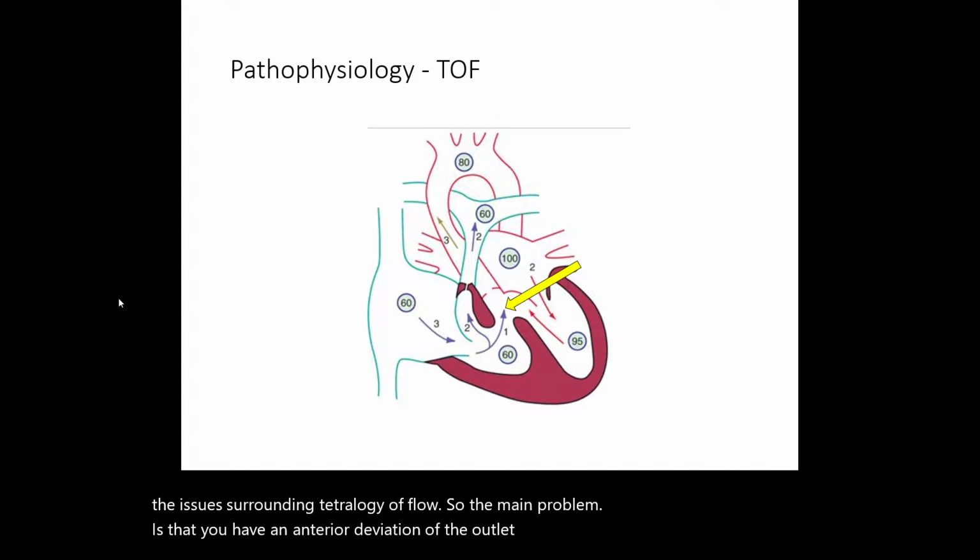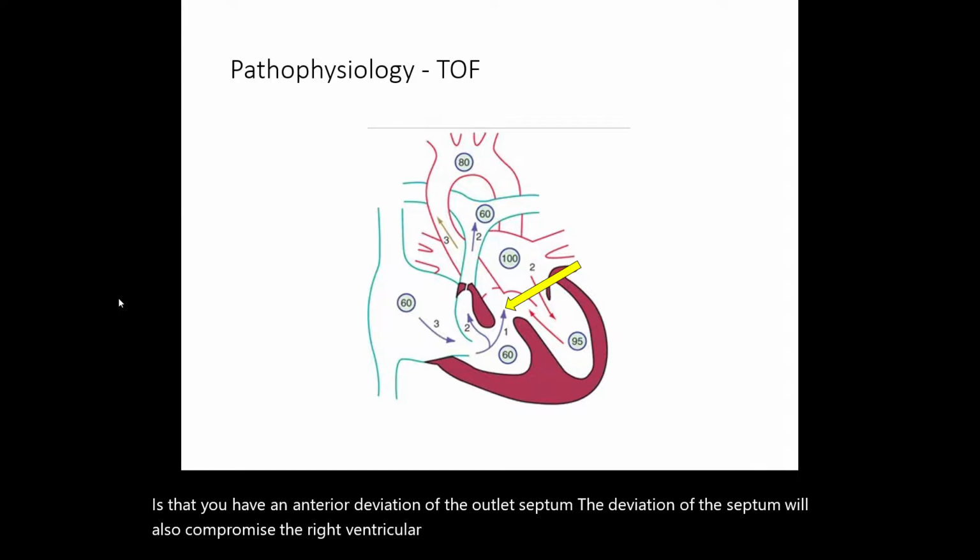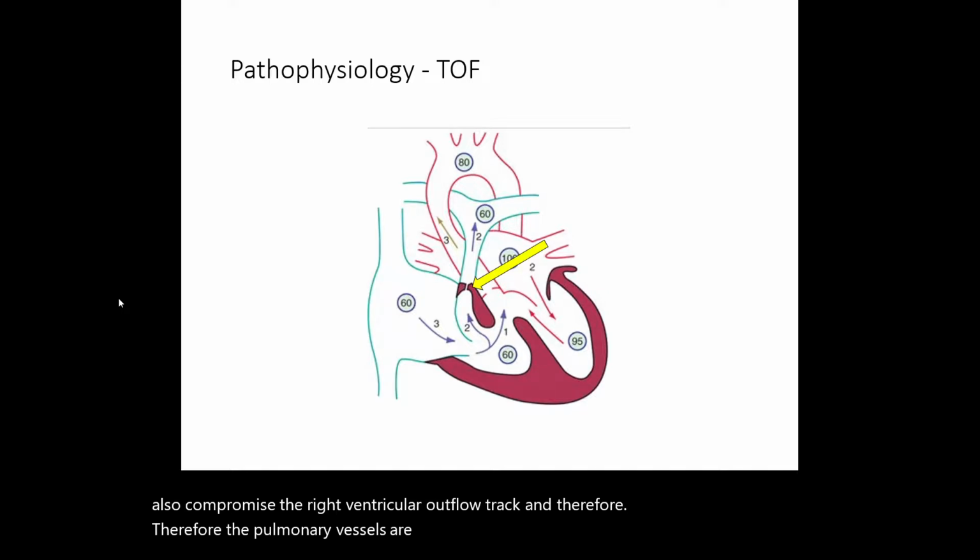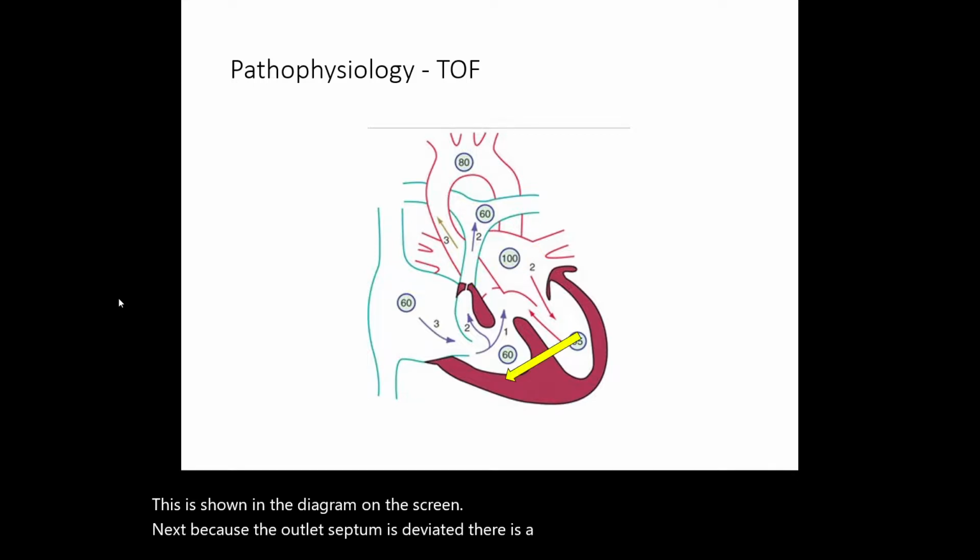The deviation of the septum will also compromise the right ventricular outflow tract, and therefore the pulmonary vessels are small, narrow, and obstructed. Hence, you have pulmonary stenosis. This is shown in the diagram on the screen. Next, because the outlet septum is deviated, there is a ventricular septal defect.